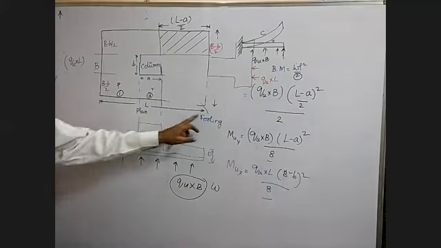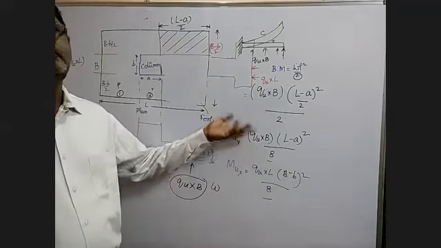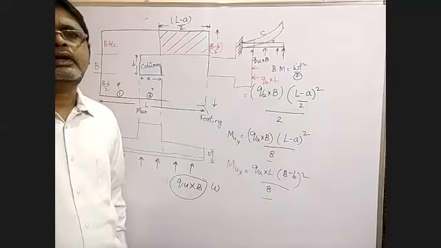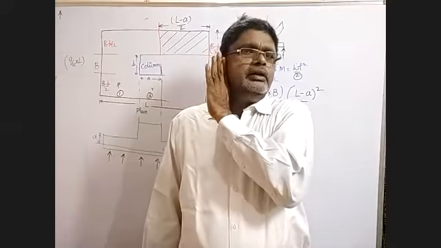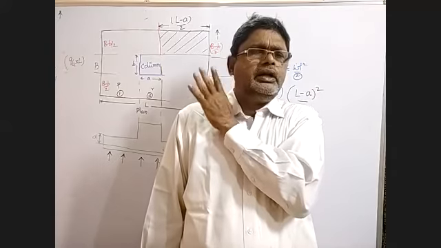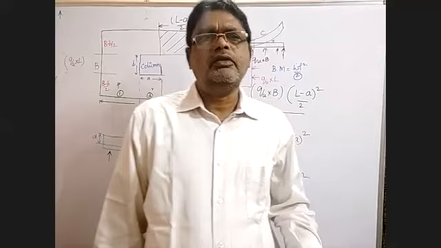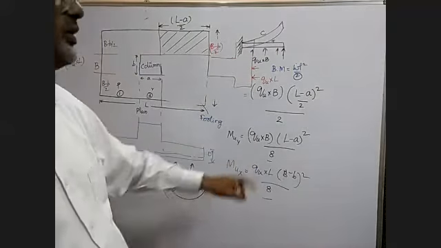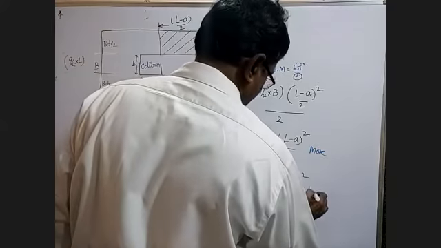Since the span is larger in the L direction, naturally this will be larger. This is the bending moment criterion. There is a column here, there is a face here, and you get the maximum bending moment here. Now you have to design the depth of the footing for this maximum bending moment. Of MUX and MUY, take whichever is larger. Since the L span is larger, MUY will be larger.